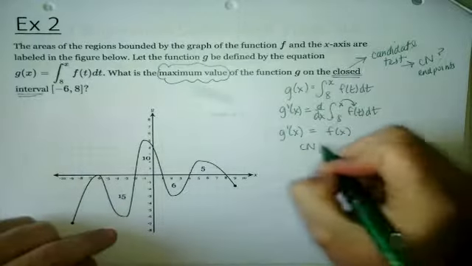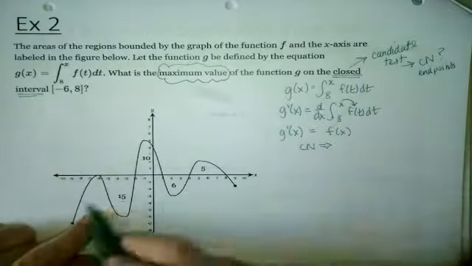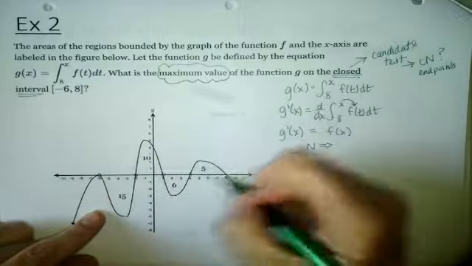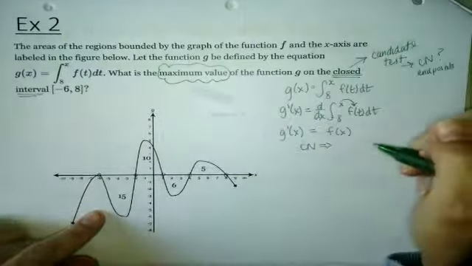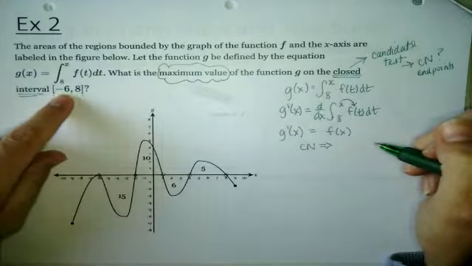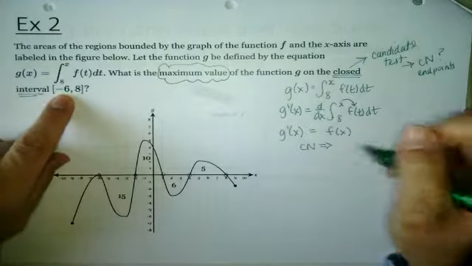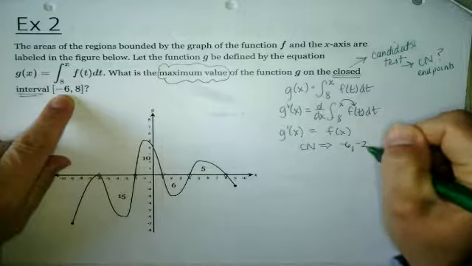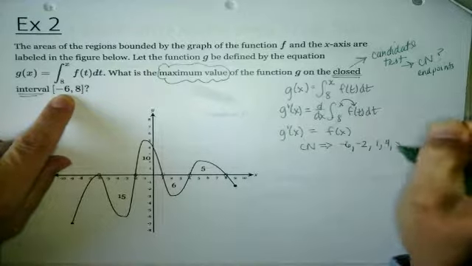So then we can see the critical numbers are -6, -2, 1, 4, and 8. And that happens to be including the endpoints here, which is nice. So the critical numbers are -6, -2, 1, 4, and 8.